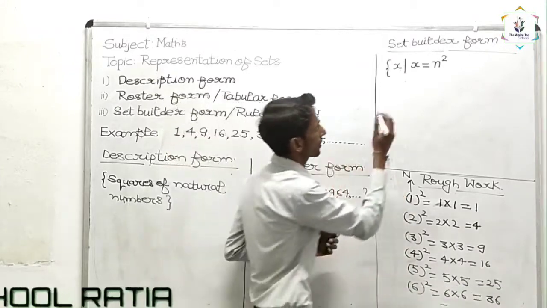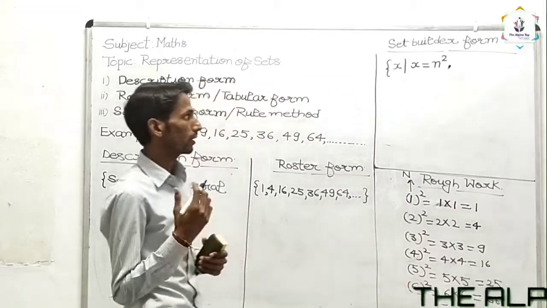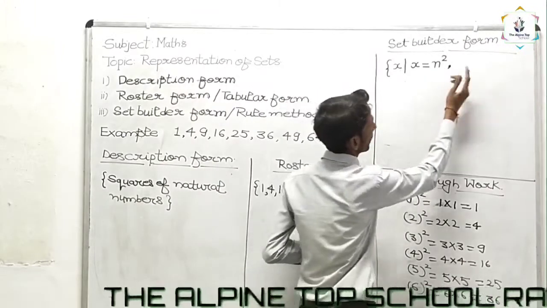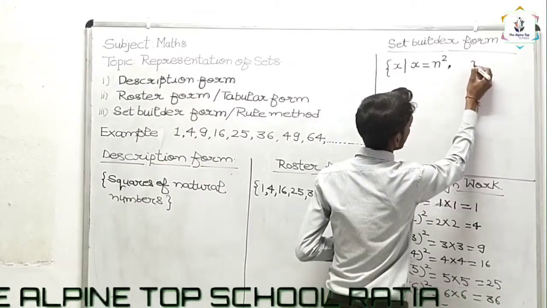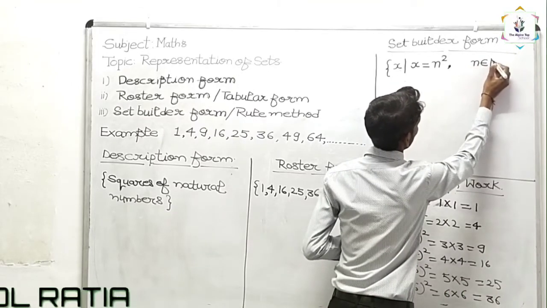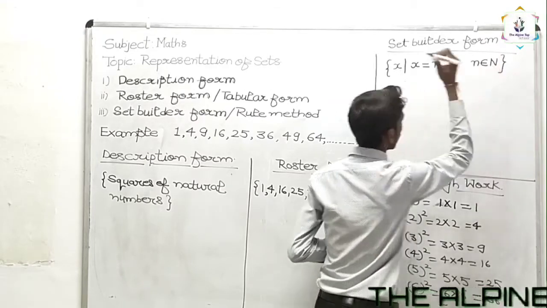So obviously I have to give one common parameter and some common rule for that. I have to define what n is here. n belongs to natural numbers. This is the way to represent all elements.